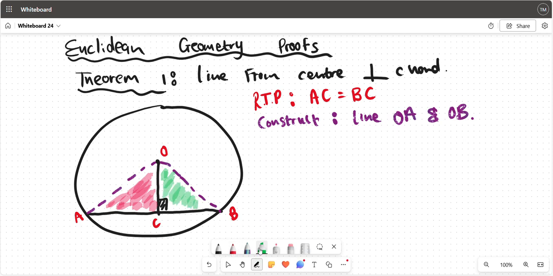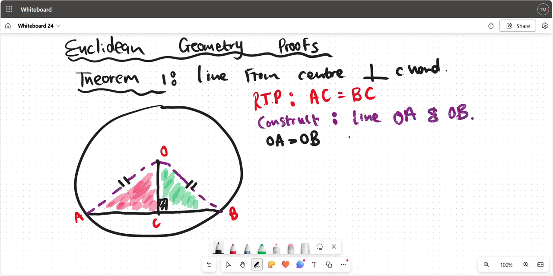In those two triangles, all that I'm trying to prove is that those two triangles are congruent to each other. If they're congruent, then these sides are going to be equal to each other. So what do I state first? I know that OA is the same as OB. That line here is going to be the same as this line there.